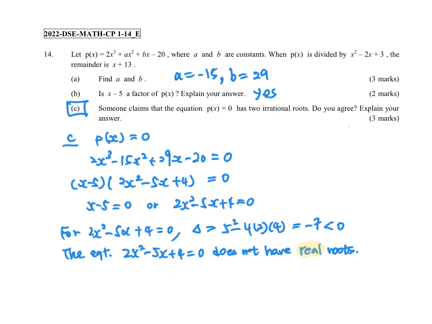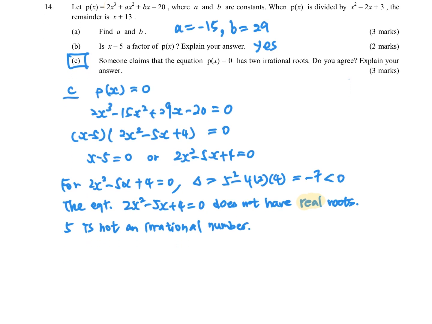And then here, since 5 is not an irrational number, the whole equation as a whole has no irrational roots.